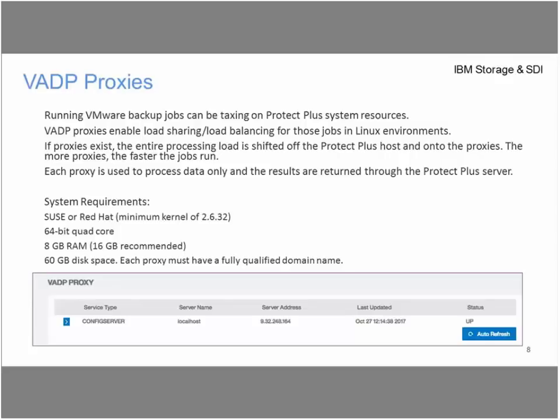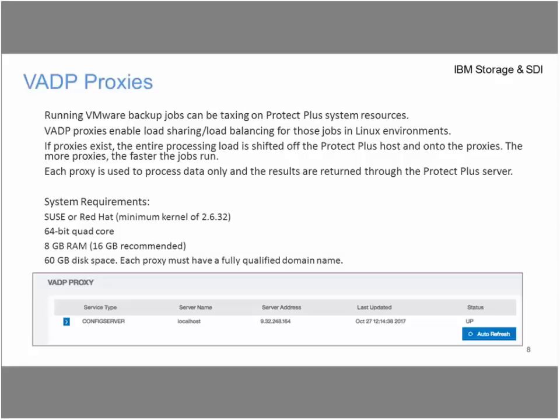So the first component I want to talk to you about within the Spectrum Protect Plus world is the VADP proxies. The VADP proxies, as I mentioned, in a VMware environment, help to distribute the processing across multiple VADP proxies to take that load away from the Spectrum Protect Plus server itself.